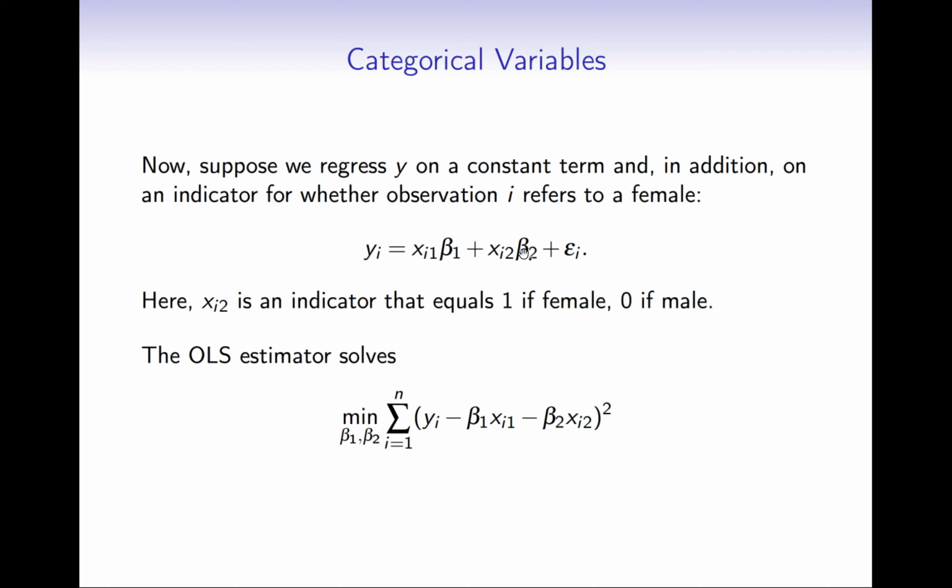So beta 2 hat gives you the difference in the means between the female average and the male average. To make it concrete, suppose the average for women was 12,000 and for men it was 10,000. Then beta 1 hat would equal 10,000 and beta 2 hat would equal 2,000, because it's the female average minus the male average.